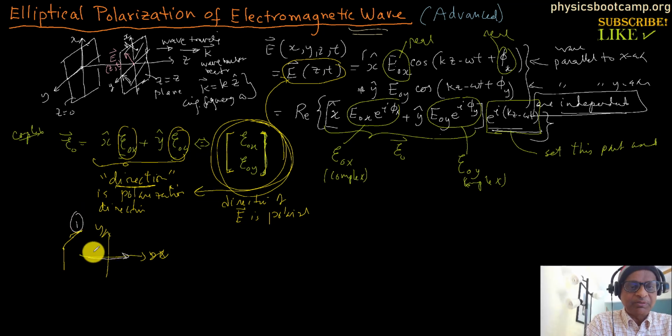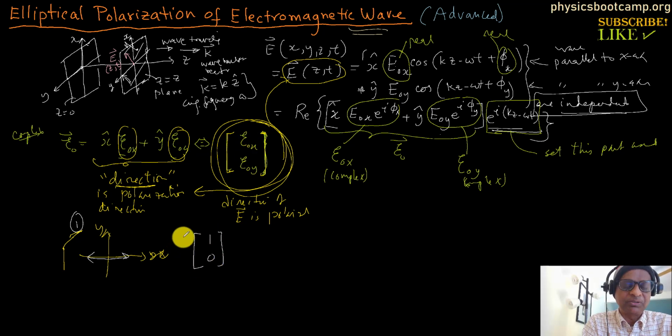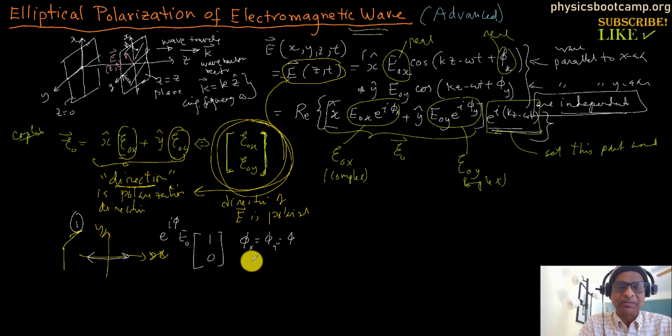Suppose the wave was going back and forth only along the x-axis. So this vector will be 1, 0. We represent this as 1, 0. Of course, if there is something multiplying there, let's call this E0, when you write this thing, that means here what we have is a phi, and so e to the power i phi, x equals phi, y equals phi, and Ex equal to E0, Ey equal to 0.